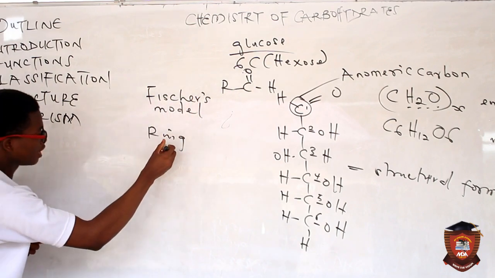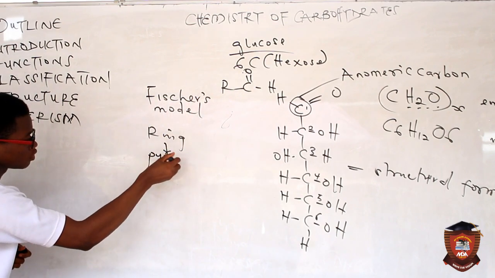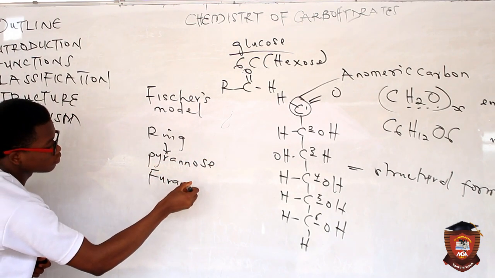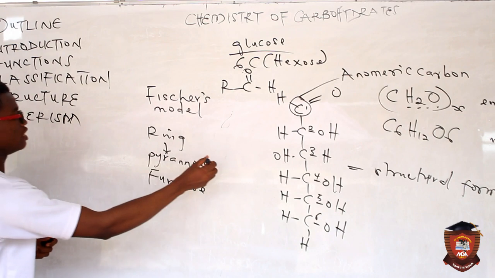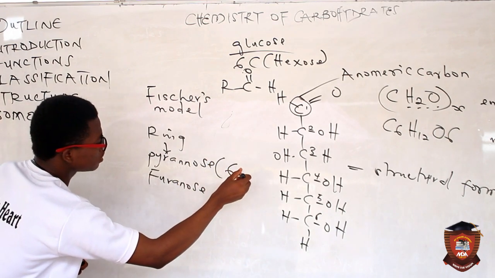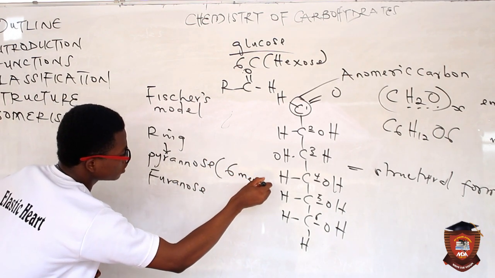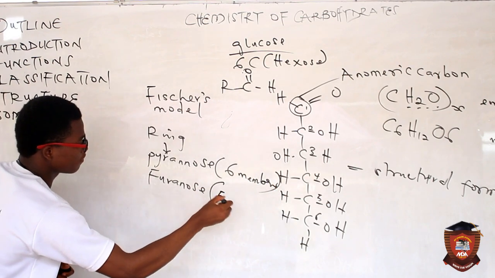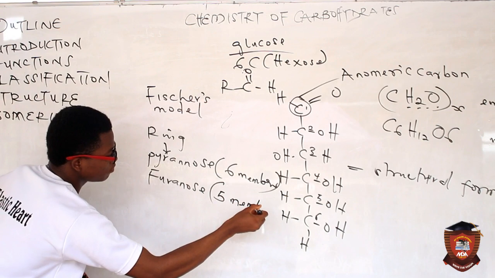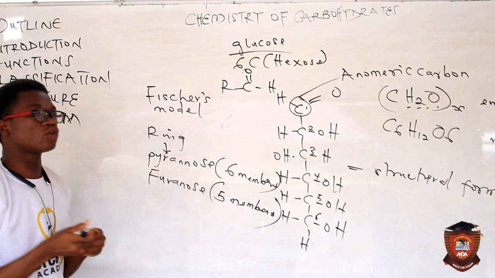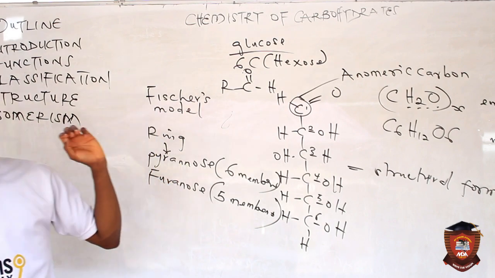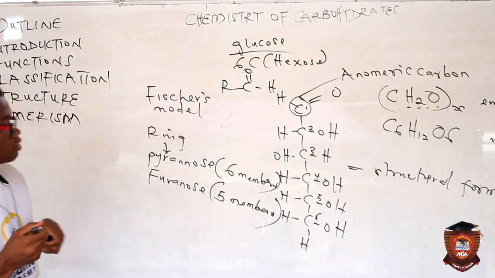In ring structure, you can have the pyranose, and you can have the furanose. So pyranose is a 6-membered ring, 6 members, and furanose is a 5-membered ring, so it has 5 members. But glucose is a pyranose because it has a 6-membered ring, and the ring goes this way.